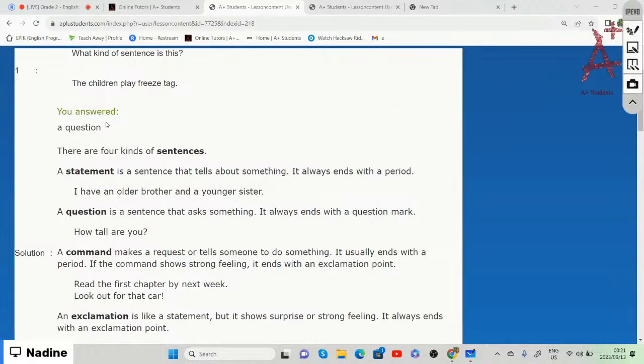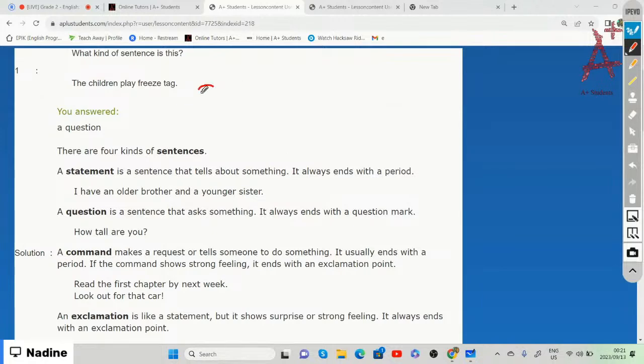All right, and if we look at the sentence, we can say that this is a statement, because somebody is just saying that the children are playing freeze tag.